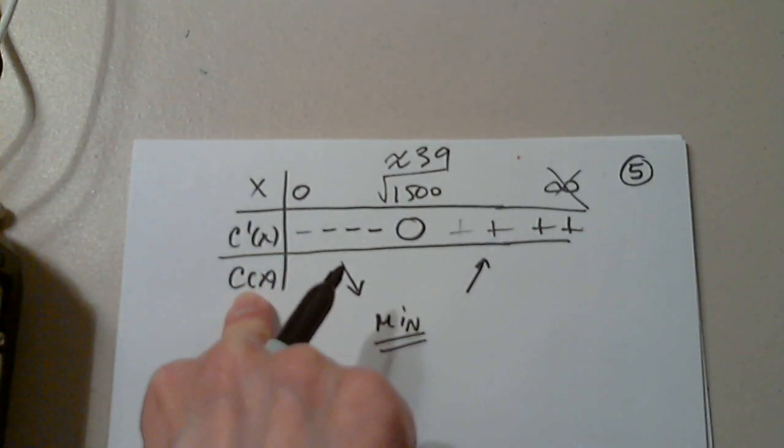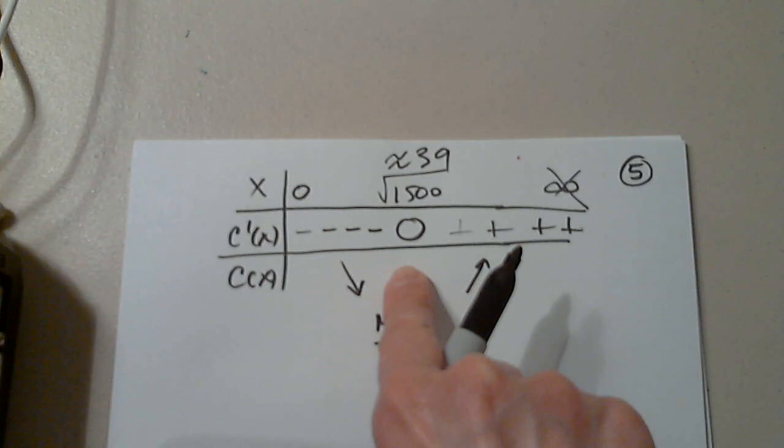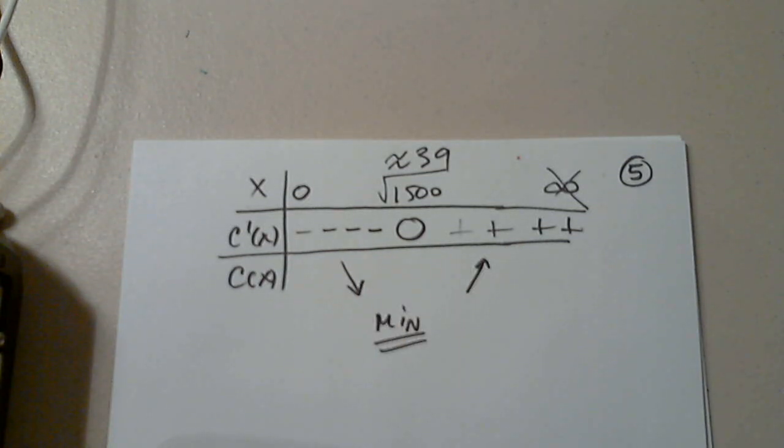So in the cost function, I have to plug in the square root of 1,500, or approximately 39. So right here, I'm still in shock, to be honest, that the calculator will not be able to compute this.